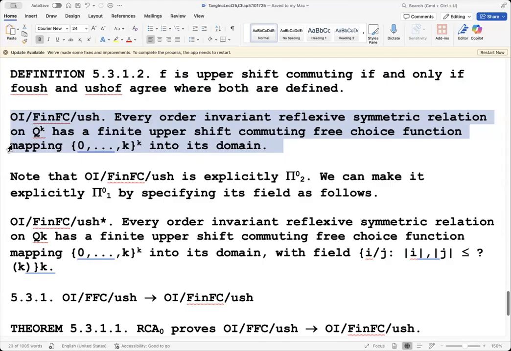See, there has to be some serious pizzazz in this free choice function. It can't be silly, just sitting there. It has to have some substance to it. So the way I say it is that it maps 0 through K to the K power into its domain. Remember, its domain has to be of the form e to the K.